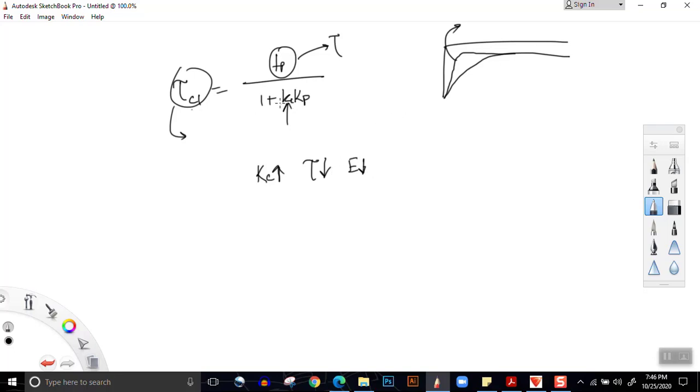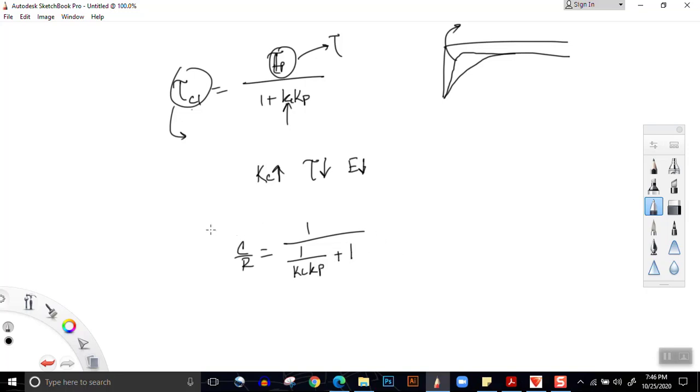Now these are the two equations that we have derived. One is tau CL is equal to tau p divided by 1 plus Kc Kp, and another is E by R is equal to 1 by (1 plus Kc Kp).